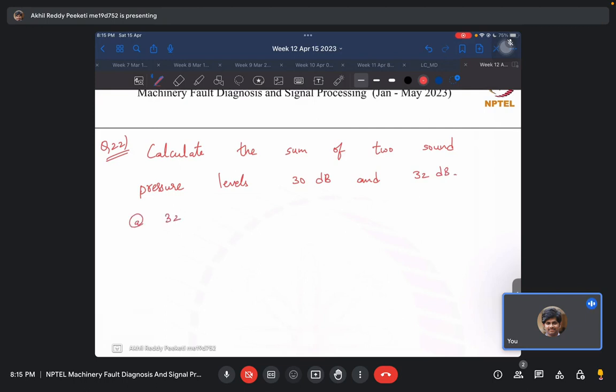Options are 32 dB, 34.12 dB, 35.25 dB, 31 dB. So when you have two sound pressure levels, 30 dB and 32 dB, what should be the effective sound pressure level?